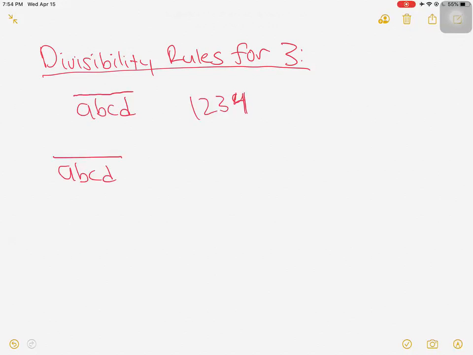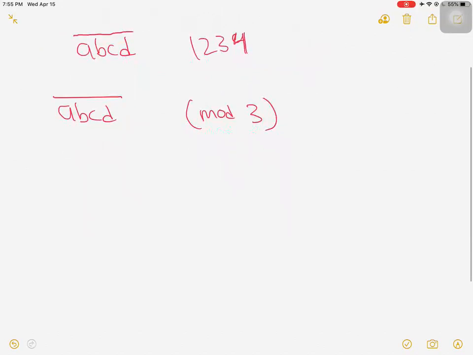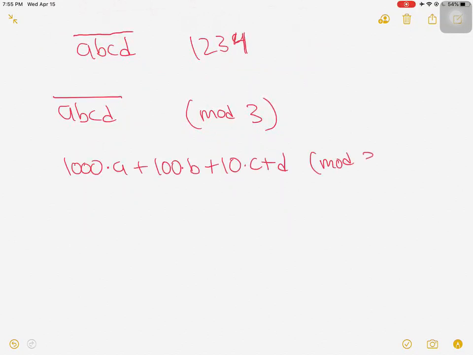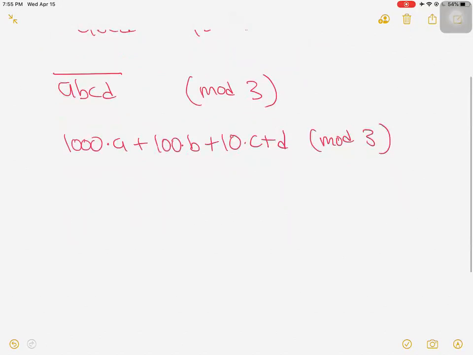So we want to take this number mod 3. Right? But we can also write this number as 1000 times A plus 100 times B plus 10 times C plus D mod 3. So far, so good, right?